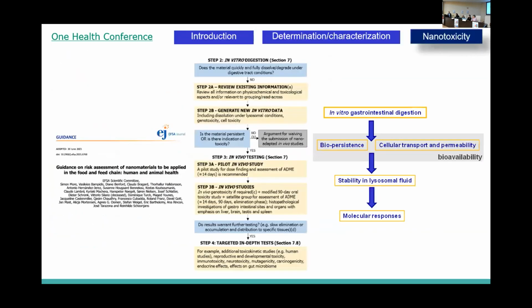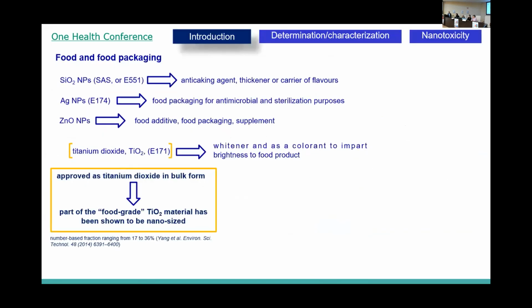So we can find silica nanoparticles, which are an anti-caking agent and also a carrier for flavors in the food. Also silver and zinc oxide nanoparticles that have antimicrobial properties. And in the case of titanium dioxide, the E171, that is a whitening agent and also provides brightness to food.